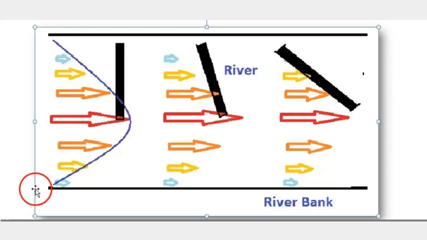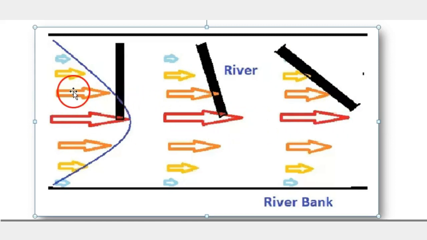Now what do you learn from here? Think. When you put a wooden stick across the water, it will naturally start rotating like this. You know why? Because the velocity of water in the center is maximum.